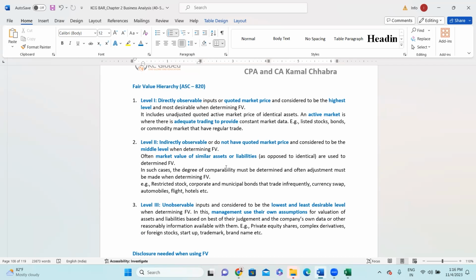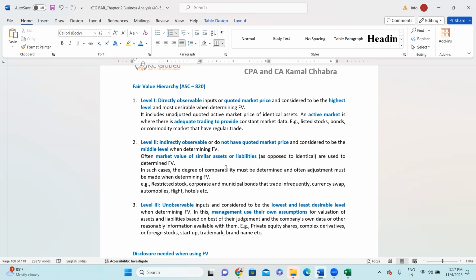That is called level 2, where you will not get direct input from the active market in which the respective stocks are traded, right? So level 2 is indirectly observable or does not have a quoted market price, and is considered to be the middle level of assurance, I would say, when you're determining the fair market value. Often the market value of similar assets or liabilities is used to determine fair market value, right?